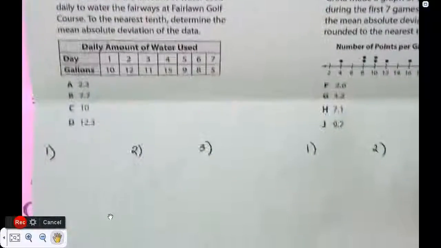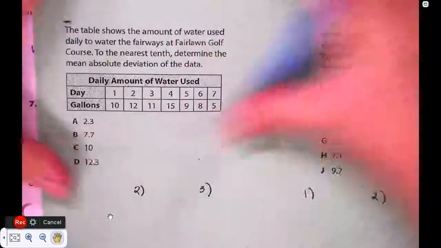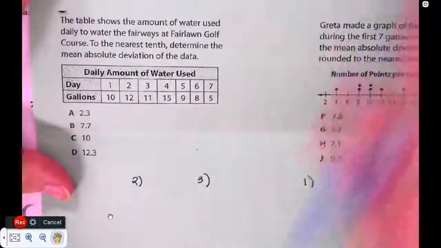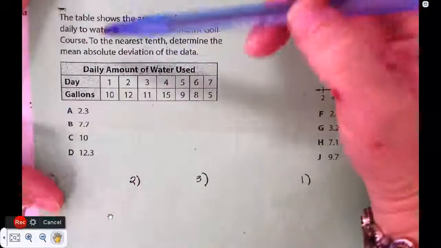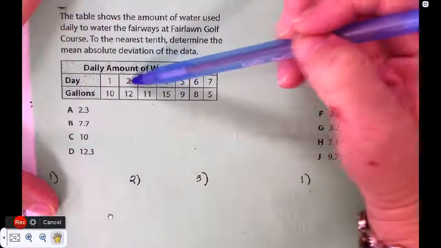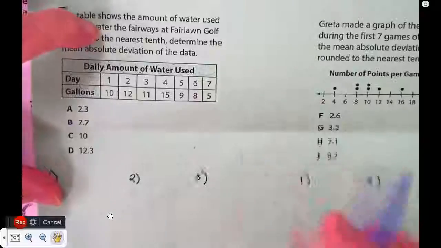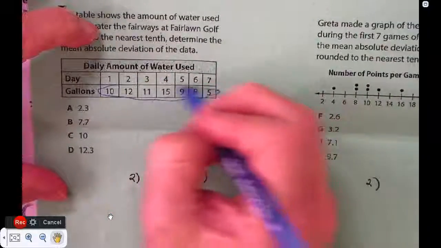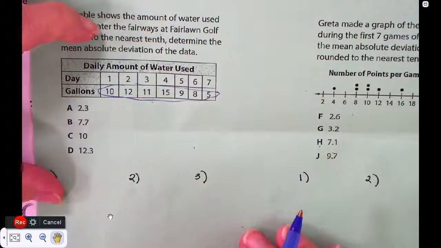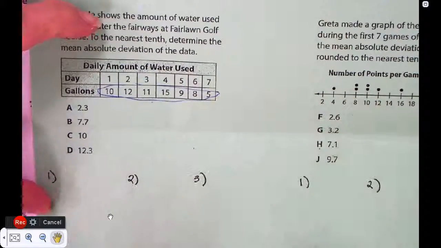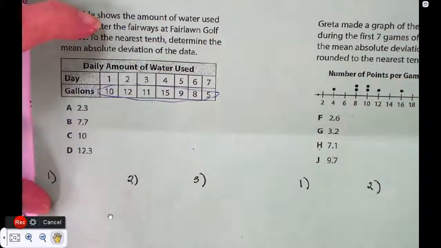Now look at the chart. Guys, this says day 1, day 2, day 3. You're not getting the mean of the days. You're getting the mean of the gallons. And you don't round. You leave it as is.